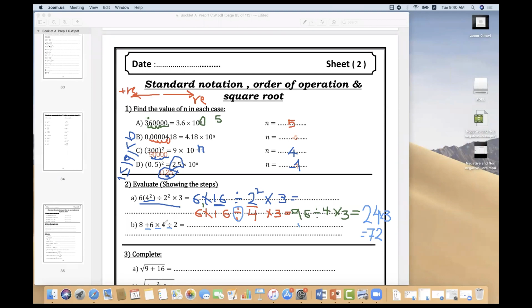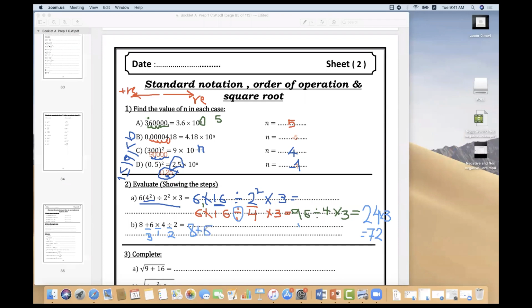Yes, first we remove the times, then excellent. So this is number 1, the times. After that, the divide, excellent. This is number 2. And third, the addition. Excellent. So now I will start. I will write 6 plus 8 plus 6 as you see.